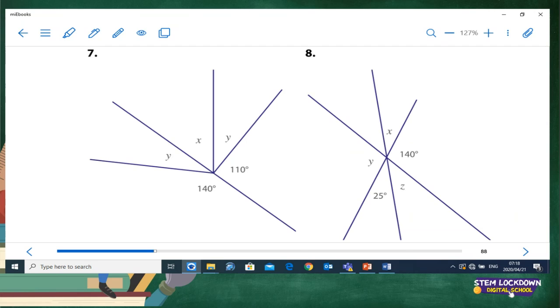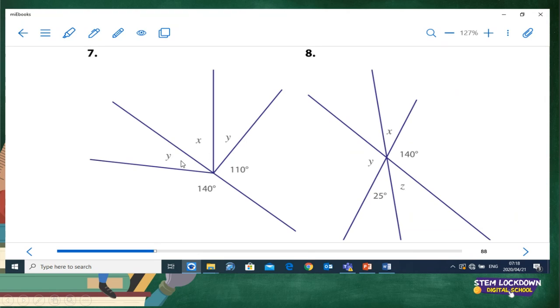We know 140 degrees and 110 degrees. Those are the angles that are known. What are the unknowns? We've got y there, we've got x. We also have y here, which I believe should have been z. So that we have x, y, and z.